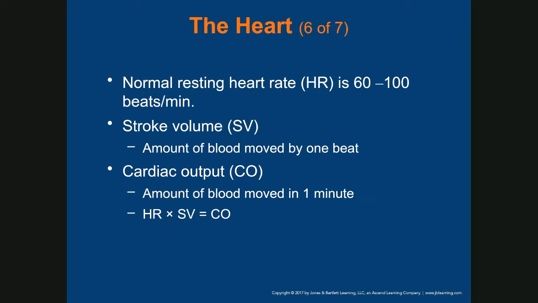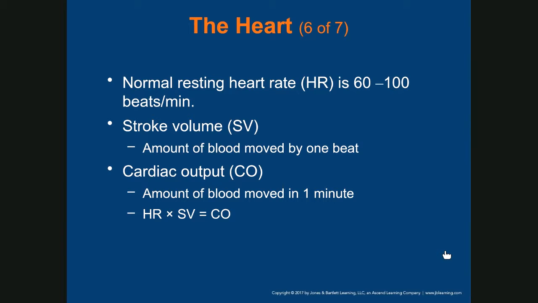All right, now the normal resting heart rate for an adult is 60 to 100 beats per minute. The younger the patient, the faster the heart will beat, right? Now that is influenced by stroke volume.